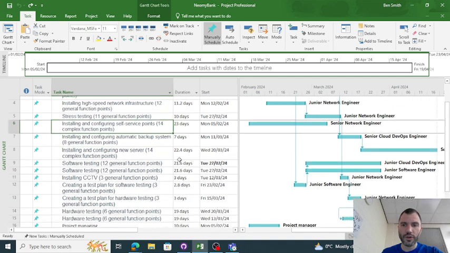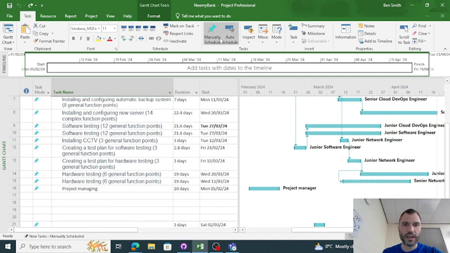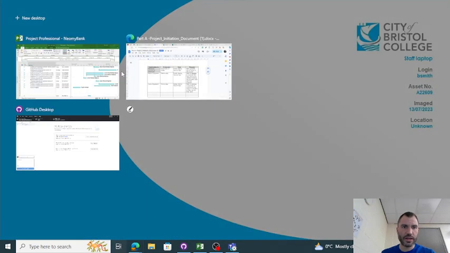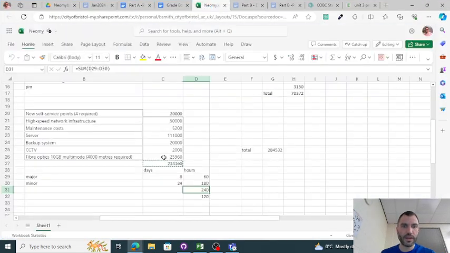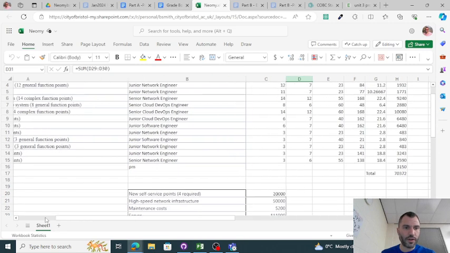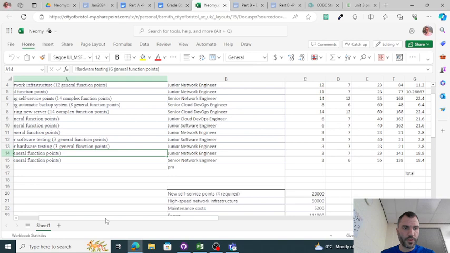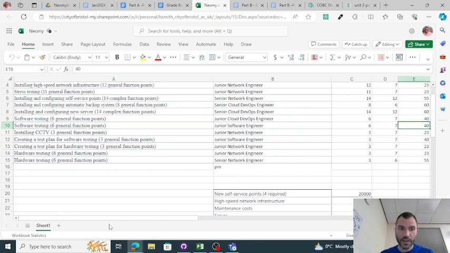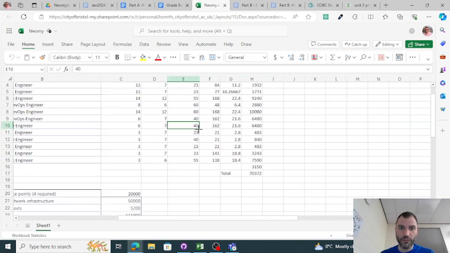So what else? I think the major things here were the number of hours of testing. So let's have a look here. In my separate Excel document, hardware testing and software testing, it was 40 days.